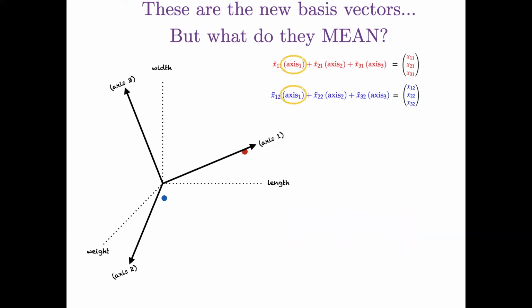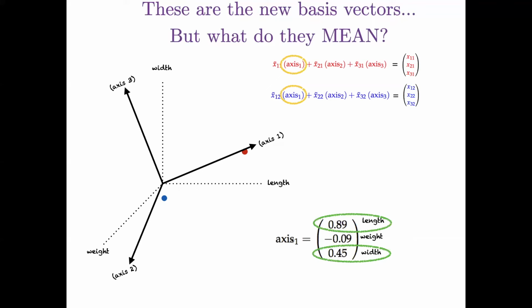I can do the same for the other axes, but first let's take a harder look at this axis 1. It tells me that it's 0.89 times length, it's 0.45 times width, and just a little bit of some negative number times weight. So there's really two things that are factoring in largely to this axis, and it's length and width.